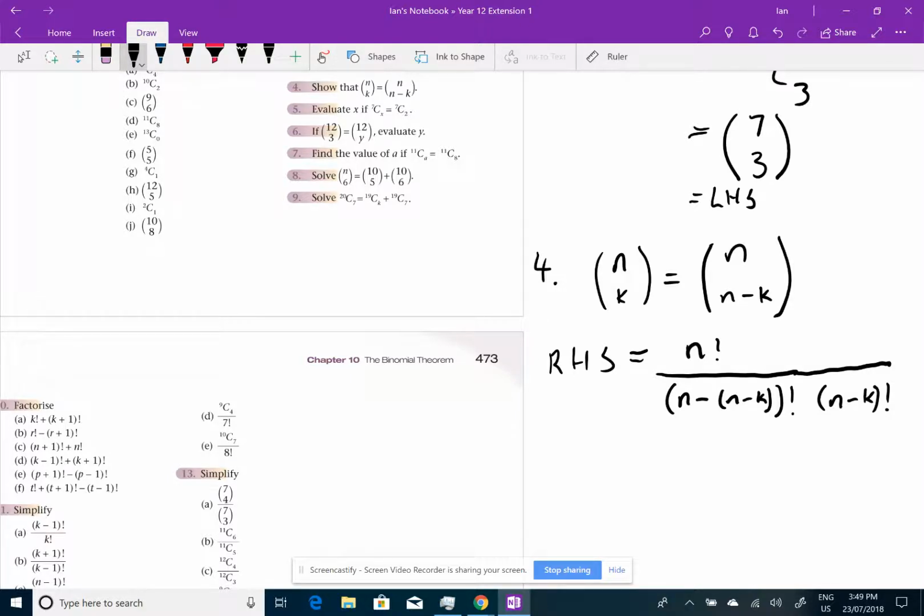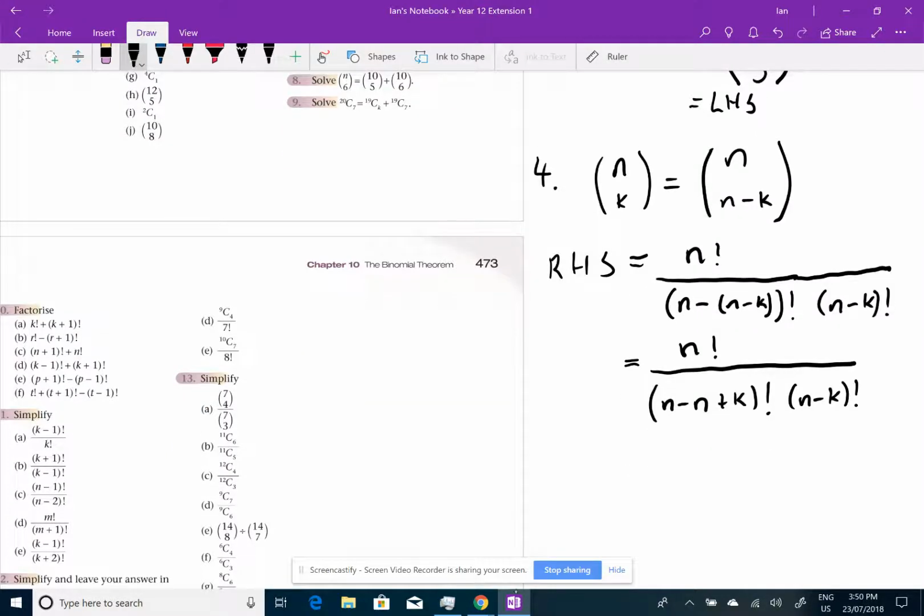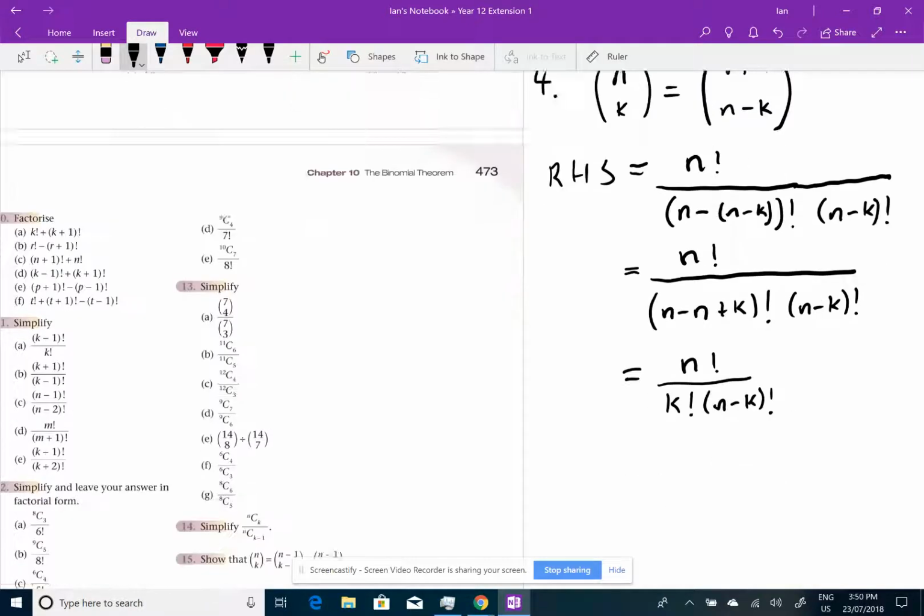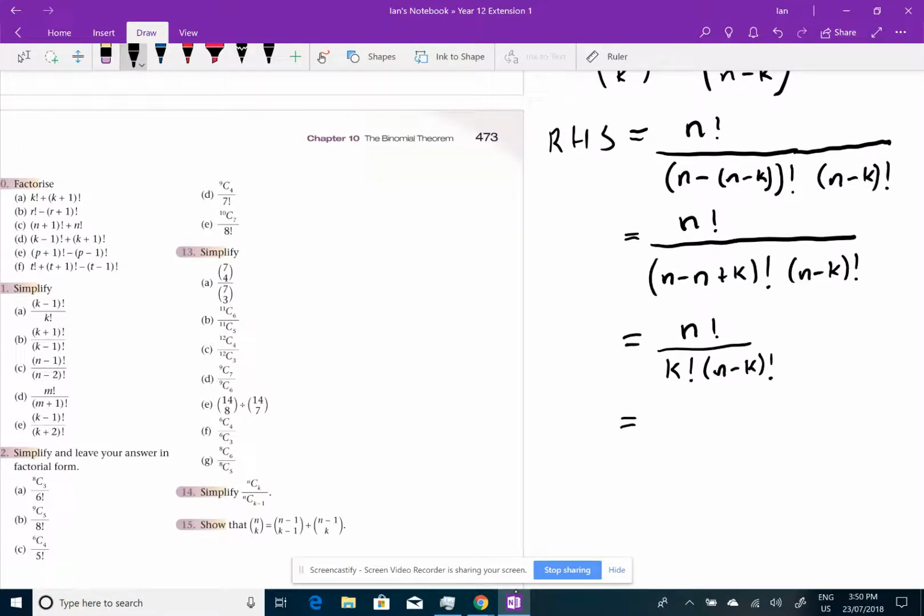It's our definition. Well, n factorial, bottom here I get n minus k plus k factorial, n minus k factorial, which gives me n factorial over k factorial, n minus k factorial, and that, by our definition, is nCk. So that equals our left-hand side.